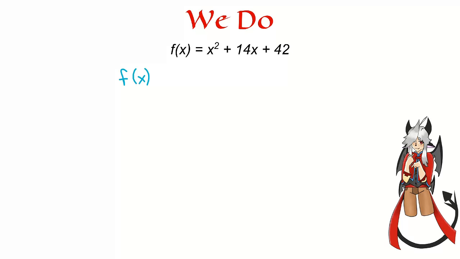Thank you, Thomas. So we have the quantity x squared plus 14x, and then I do a blank plus 42 blank. Now what? Thank you, Jacob. 14 divided by 2, and then what do we do with that?